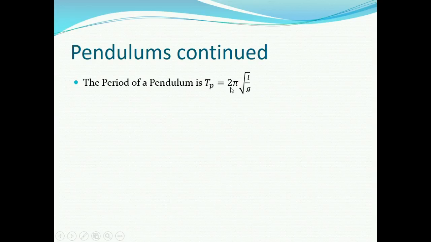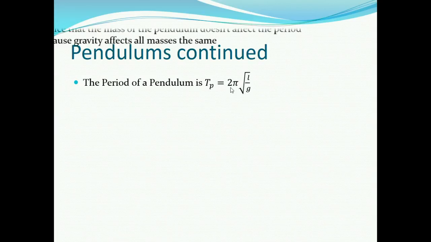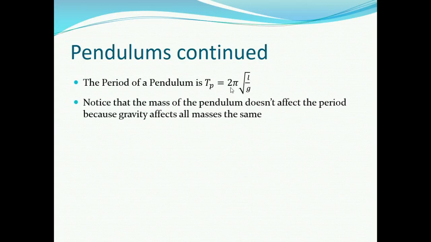So this is important: a pendulum's period does not contain mass, and nor does it include amplitude. The period of a pendulum is only affected by the length of the pendulum and the gravity. It's not affected by the mass because gravity affects all masses the same.